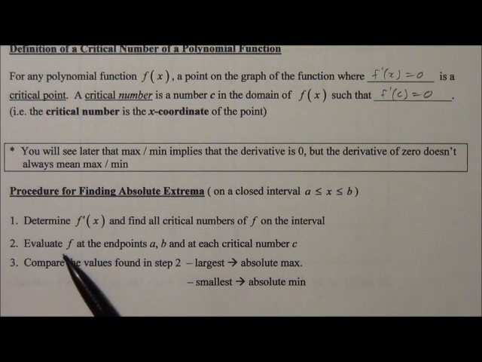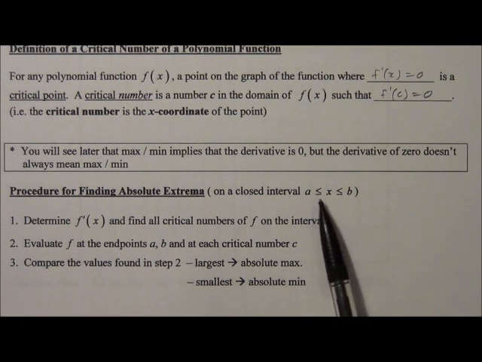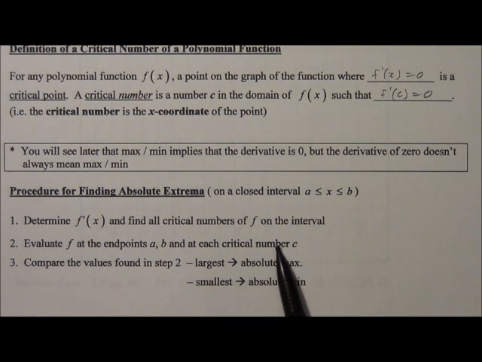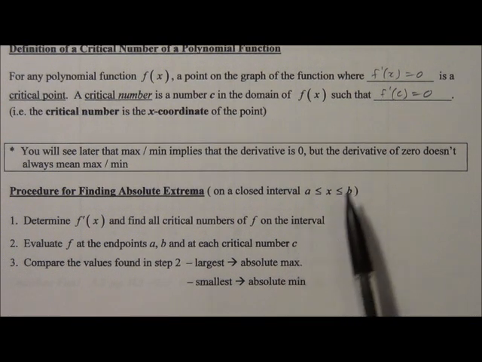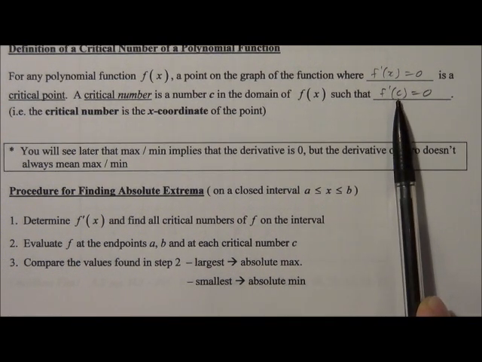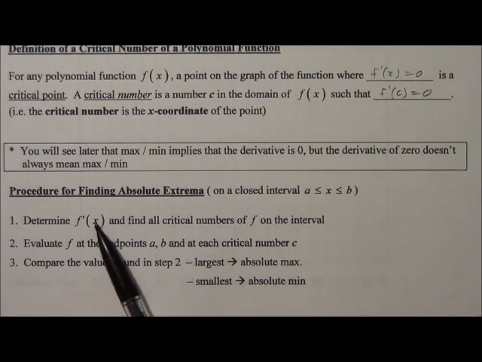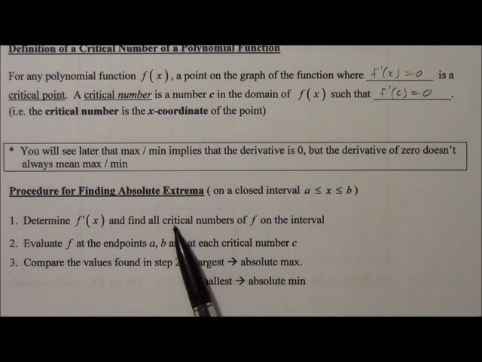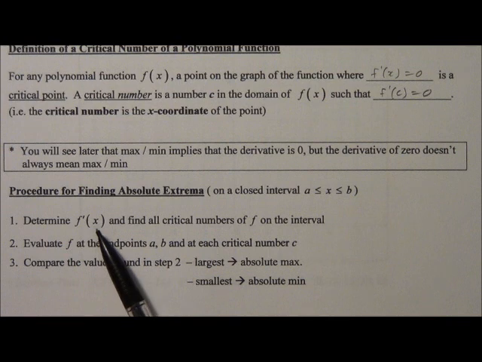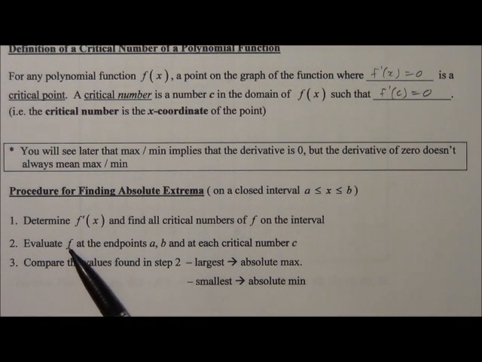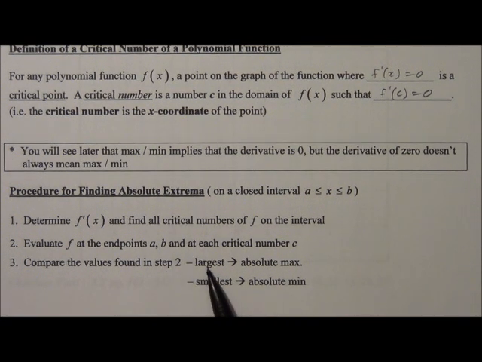Then we're going to evaluate the function f at the two endpoints, a and b, and at each critical number. So all of these c values that we find, all the places where the derivative is 0, we're going to evaluate the original function at all of those x values, and then we're going to compare the values found in step 2.